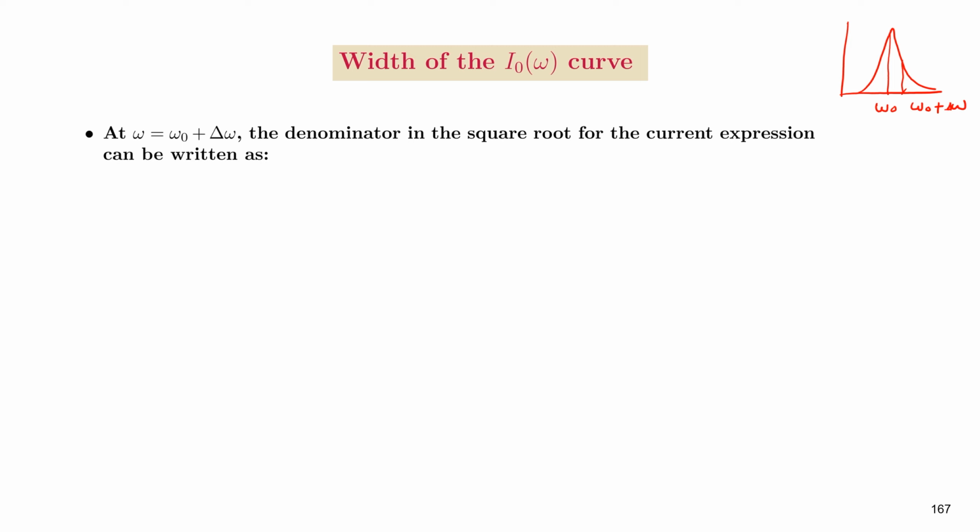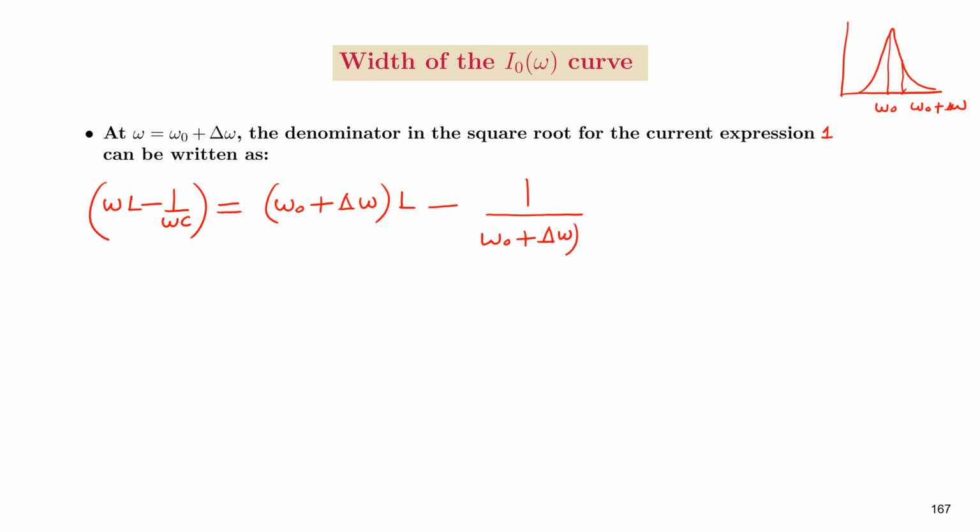The term in the square root for the current expression 1 can be written as omega L minus 1 by omega C equal to (omega 0 plus delta omega) multiplied by L minus 1 by (omega 0 plus delta omega) multiplied by C. So instead of omega, we have substituted omega 0 plus delta omega.